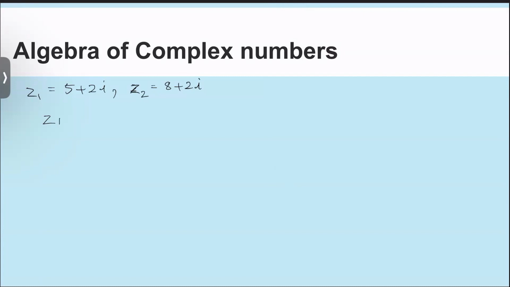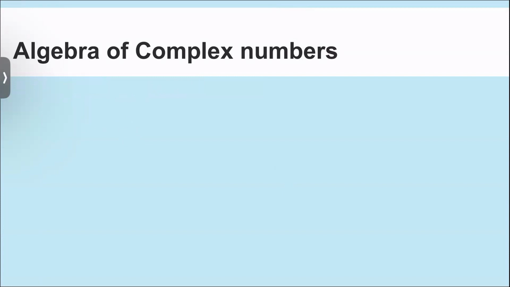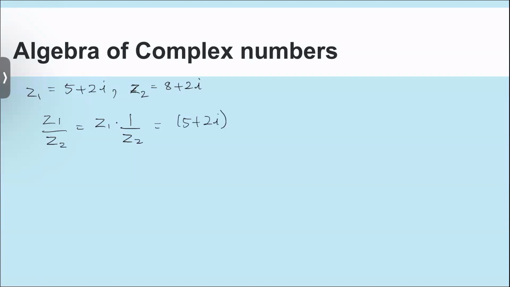So we have to find Z1 by Z2. You can write this as Z1 multiplied by 1 by Z2, so this is (5 plus 2i) multiplied by 1 upon (8 plus 2i).